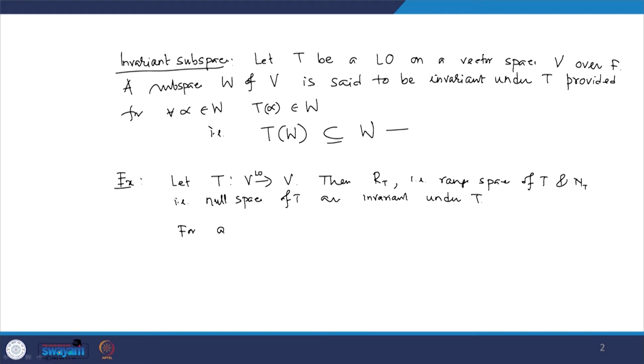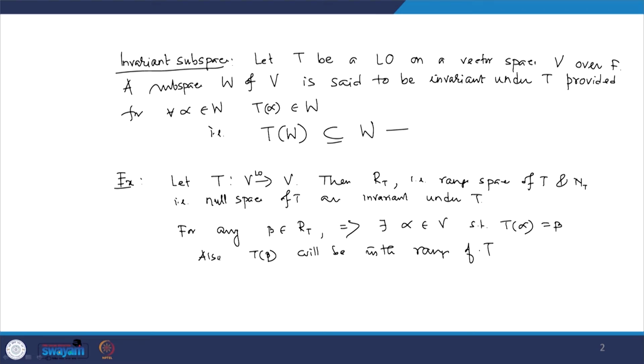For any beta belongs to RT, this implies that there exists alpha belongs to V such that T of alpha equal to beta, and also T of beta will be in the range of T, because if T of beta equal to 0, then it will be in the range space, because range space is a subspace.